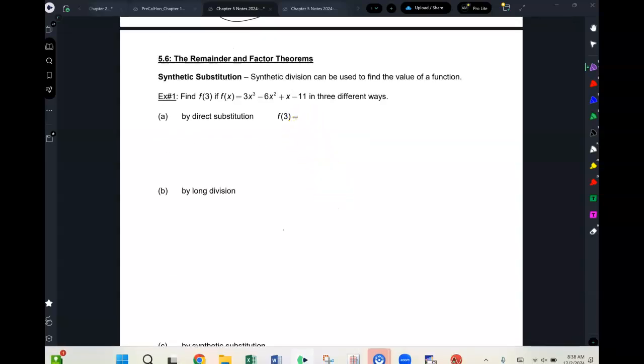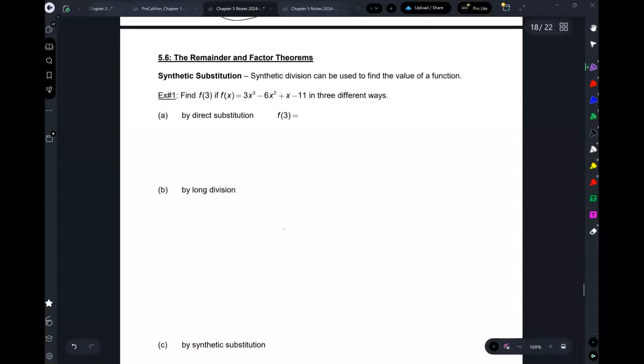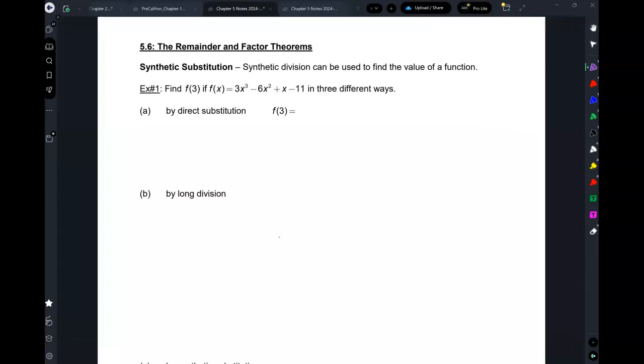We're going to talk about synthetic substitution, which is a way in which we can use synthetic division to find the value of a function at a point. So for example, take a look at this one. We want to find f of 3 in this function in 3 different ways. The way in which we've always done it is by direct substitution, which means it would be 3 times 3 cubed minus 6 times 3 squared plus 3 minus 11.